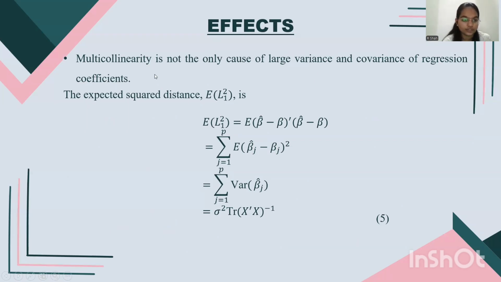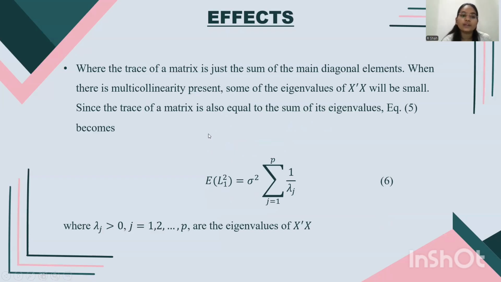The expected squared distance, expectation of L1 square, is equal to expectation of beta cap minus beta dash into beta cap minus beta, which is equal to summation j running from 1 to p of expectation of beta j cap minus beta j square, which is equal to summation j running from 1 to p of variance of beta j cap, which is equal to sigma square trace of X dash X inverse. We give it equation number 5, where the trace of a matrix is just the sum of the main diagonal elements.